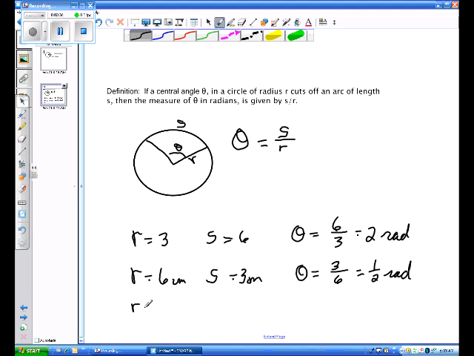If we had a radius of 1/4 centimeters and an arc length of 1/8 centimeter, then our central angle is going to be 1/8 divided by 1/4, and as you can see, the centimeters cancel, which we know is the same as 1/8 times the reciprocal, so times 4, which would give us 1/2 radians.